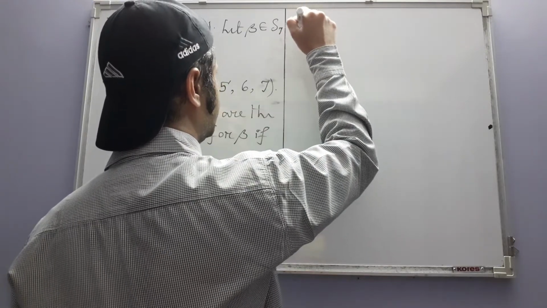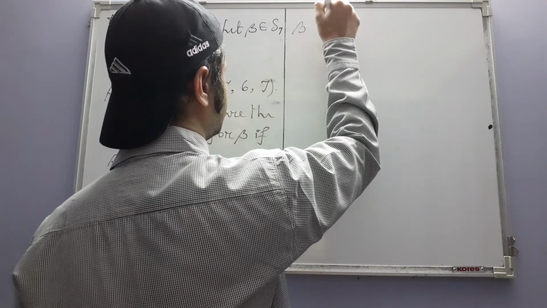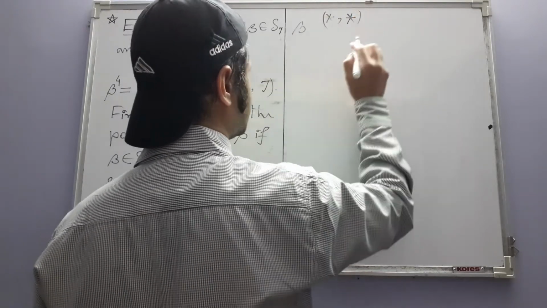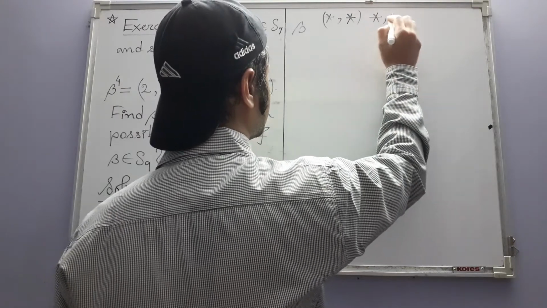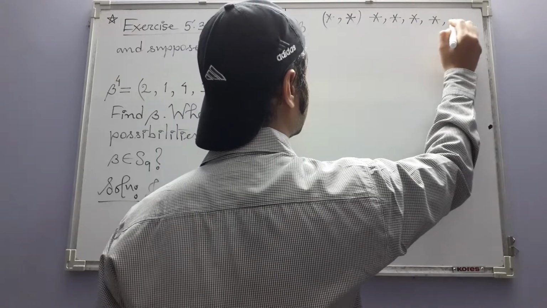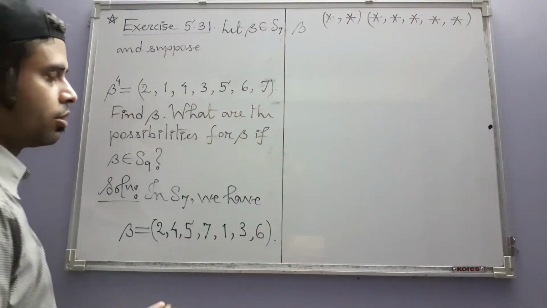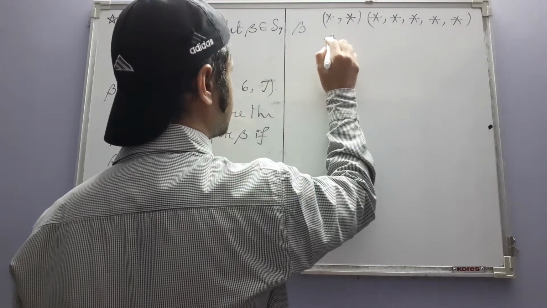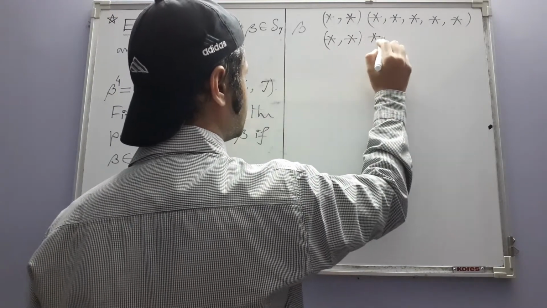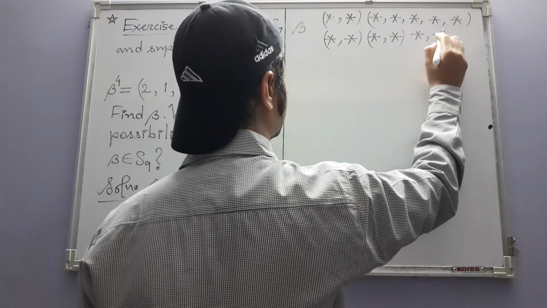So beta, for example, can have a cycle decomposition of this type. It's a product of a 2 cycle and a 5 cycle. Or it's a product of a 2 cycle and another 2 cycle and a 3 cycle.